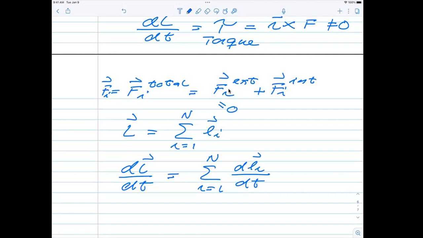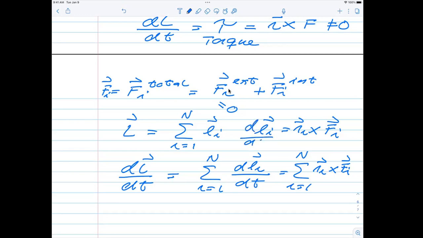And this, as we have seen, is equal to the sum over i equal 1 to n of r_i cross F_i, because this little guy here is simply the position of this specific particle multiplied with its force.